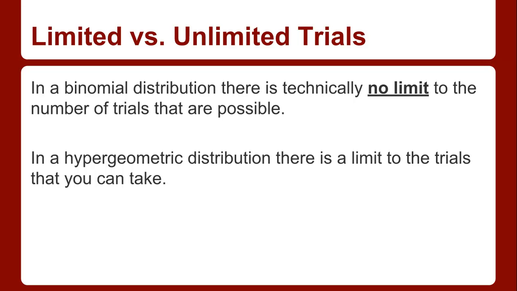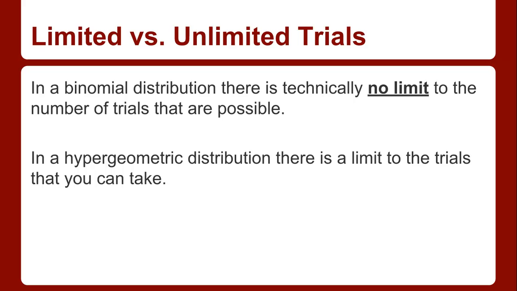For a hypergeometric distribution, there is a limit to the trials you can take. You can take 5 cards a whole bunch of times, and you could take 6, you could take 7, but you couldn't take 53 cards. So there's an upper bound of what's happening.